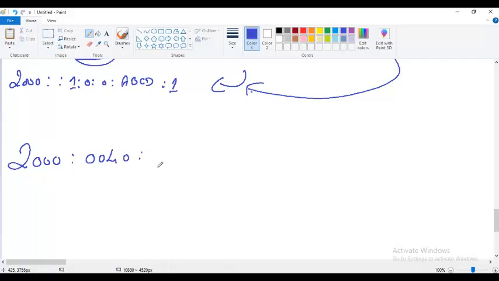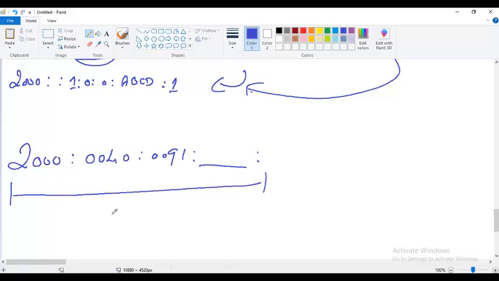Now what you can do is this 16-bit, you can put some number and make it a new subnet. Understand? I told you the first 64 bits are the global prefix or network. In that, only 48 bits they have given you. The remaining 16 bits, you can add some number and form new networks.